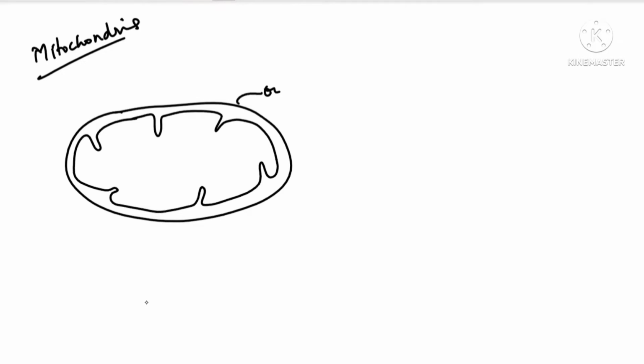This is the outer membrane. This is the inner membrane, with finger-like projections known as cristae. And this space is known as the matrix.